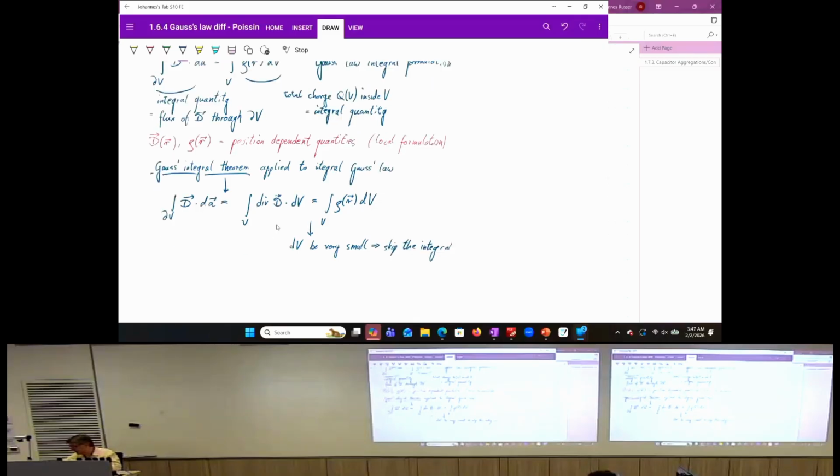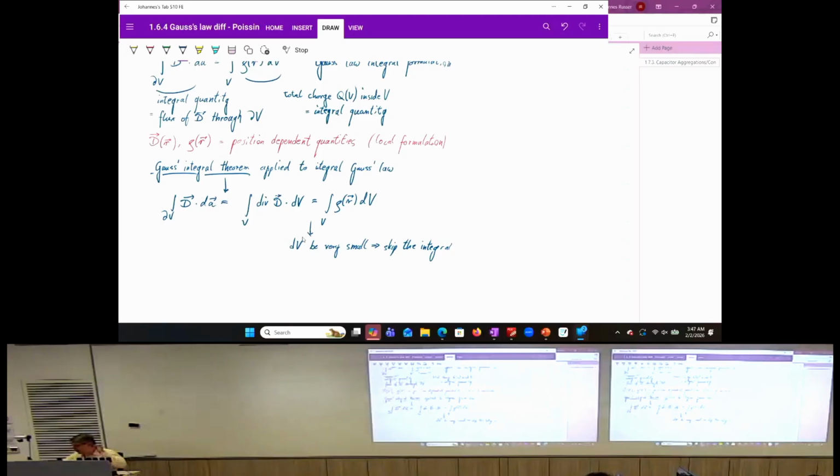So instead of integrating over the surface, you integrate over the whole volume, but you integrate over the divergence of the displacement.